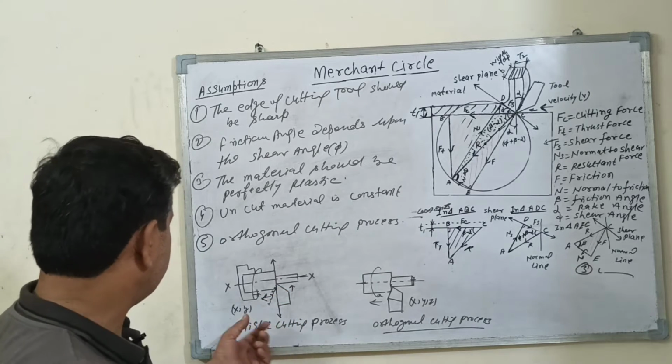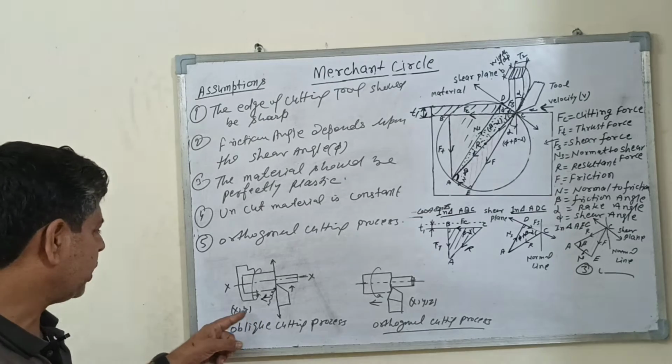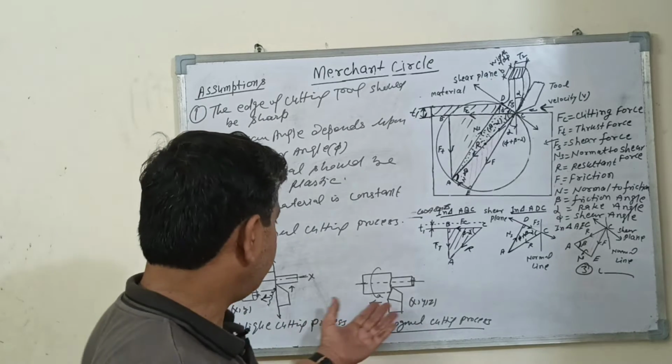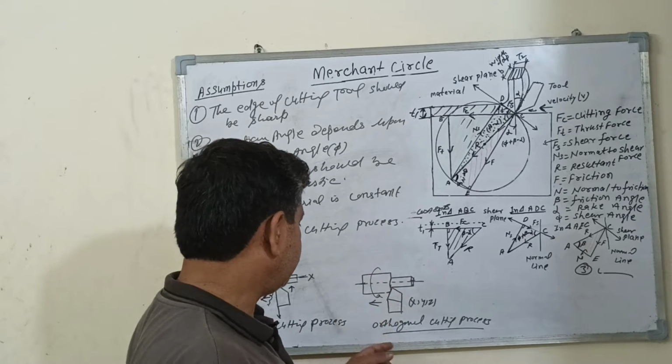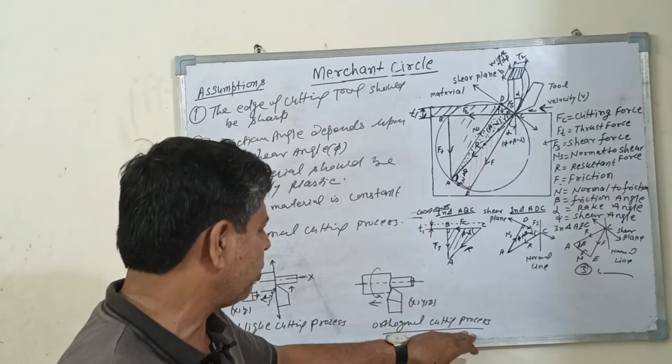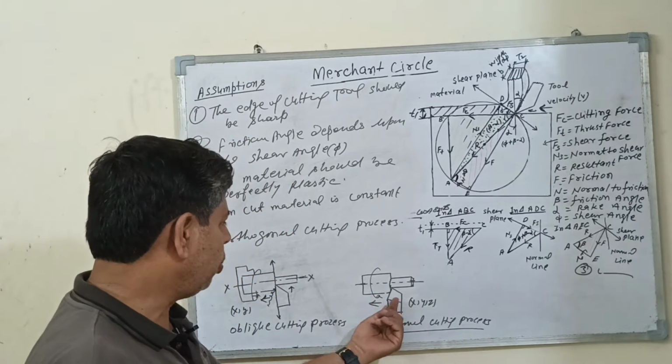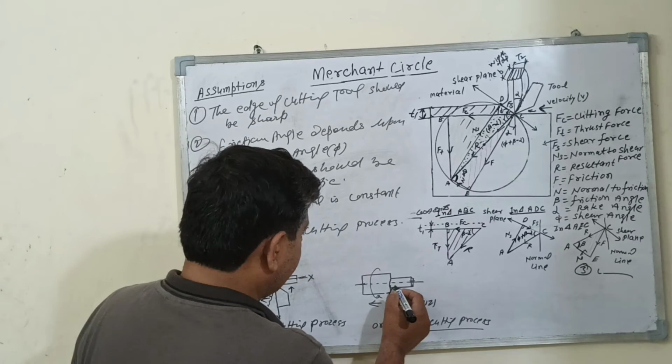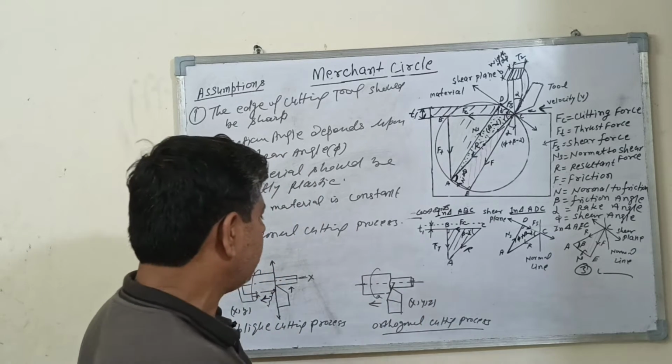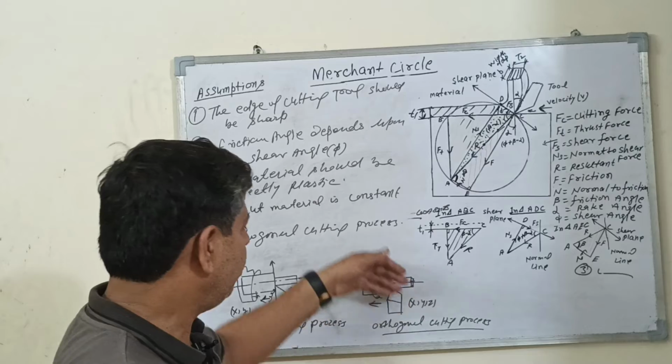In this process, two coordinates are used, x and y. The second is the oblique cutting process, in which the tool is fed at an inclination to the axis of the rotating workpiece.